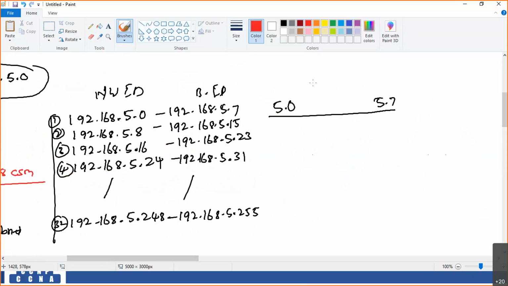So the usable addresses are 5.1, 5.2, 5.3, 5.4, 5.5, 5.6. For the first subnet you can use 5.1 as the gateway address. In the second subnet you can use 5.9 as the gateway, like this. So in each subnet we have one gateway.